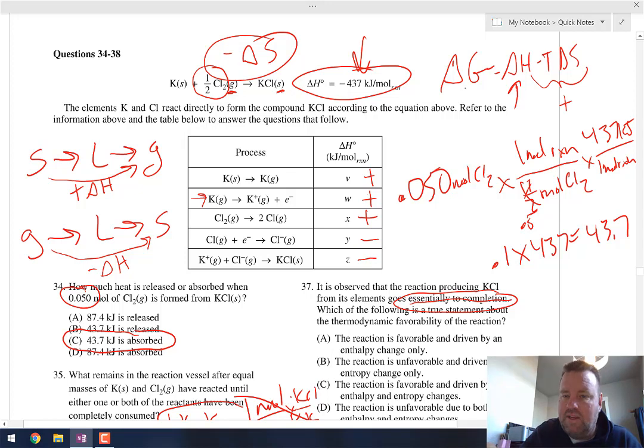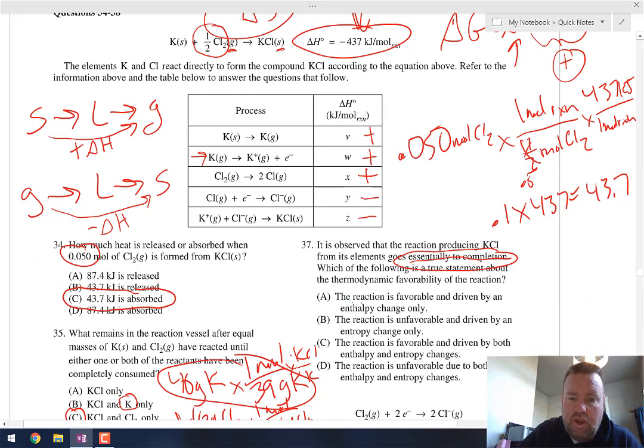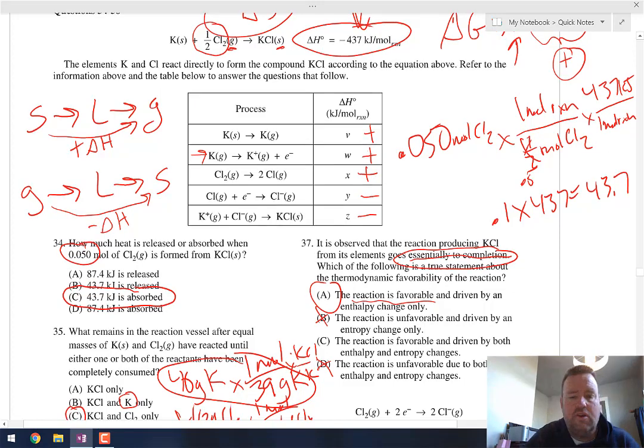So that makes delta G less thermodynamically favorable. So enthalpy has to be the driving force. If it essentially goes to completion, we know that the reaction is favorable, so B is out and D is out. But now it's what's driving the reaction. Again, it has to be the enthalpy change only. So the correct answer is A.